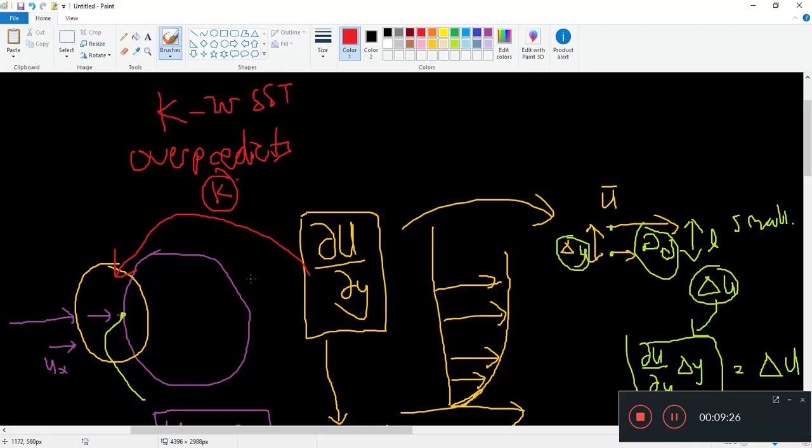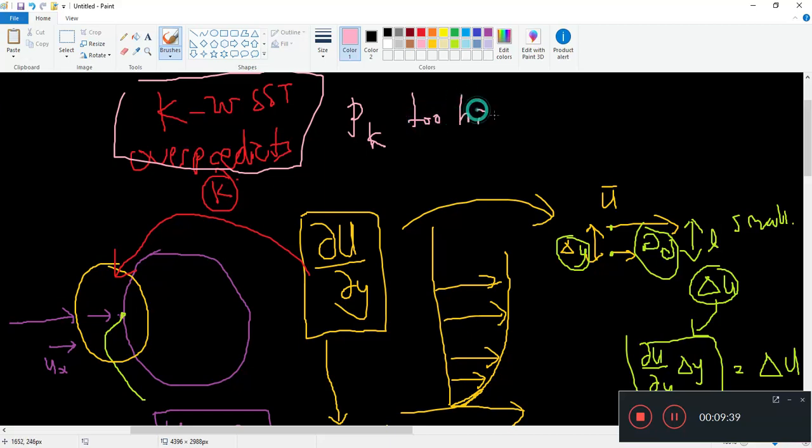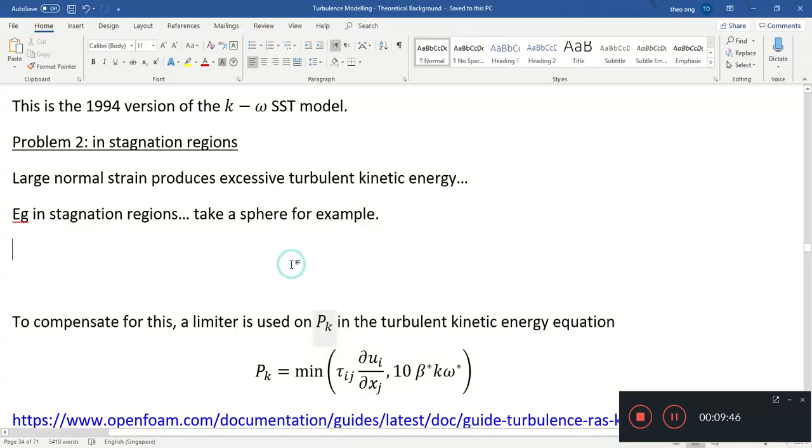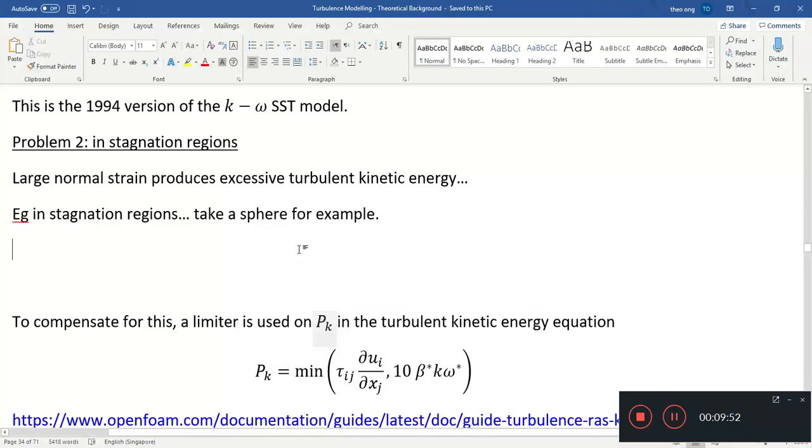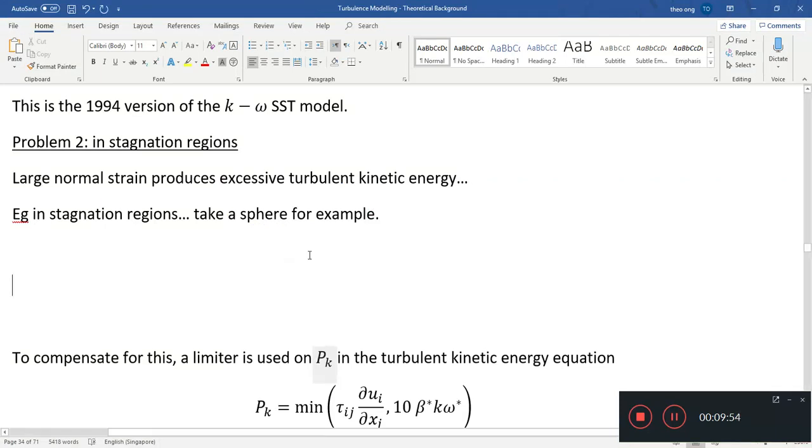What it means is that the production of K is too high. That's what they found from experiments. We talked about stagnation regions, and we said that the production of K is too high: large normal strain produces excessive kinetic energy.